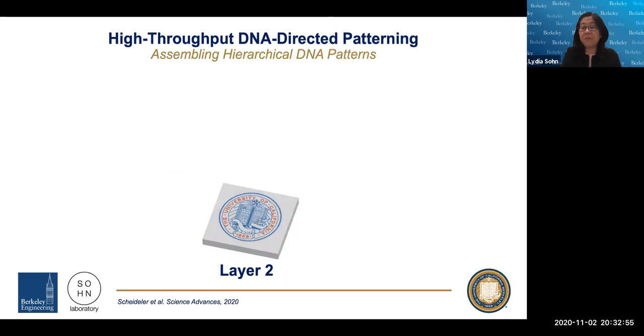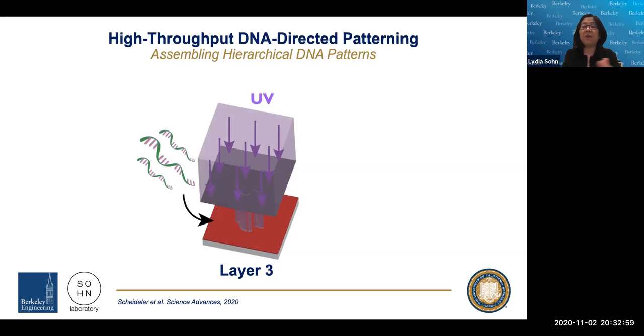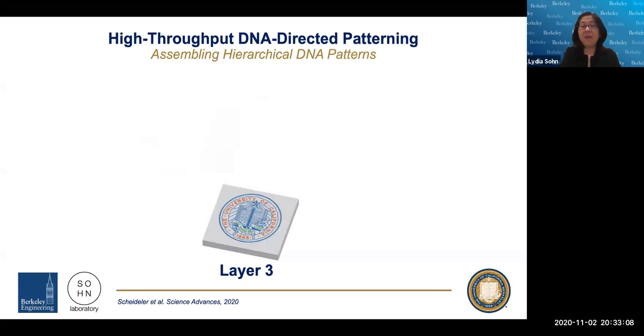Again, you can strip off the resist, apply more resist, and then do another exposure, and this time conjugate different oligos onto your substrate. Strip the resist, and then essentially what you're left with is a multi-layered pattern that has different oligos patterned onto a substrate.